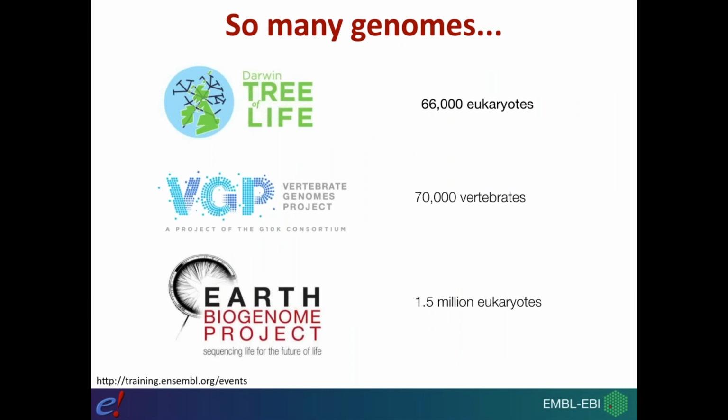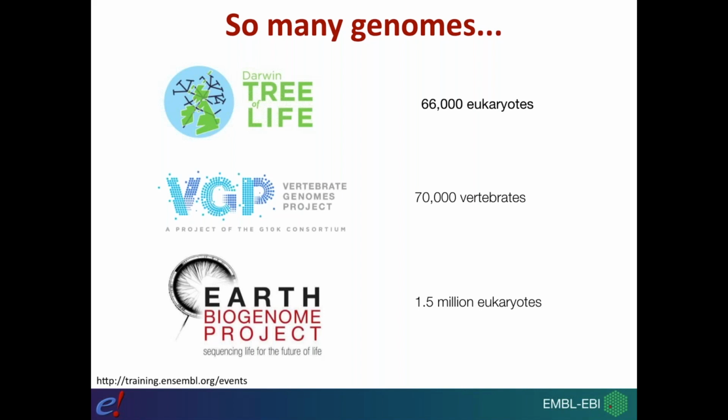However, the problem is that this 3-month release cycle is actually finding it difficult to keep up with the amount of data that's being produced around the world all the time, essentially by large collaborative projects that are aiming to sequence many species all around the world. So just as an example, the Darwin Tree of Life is a project aiming to sequence 66,000 eukaryotes across the British Isles.